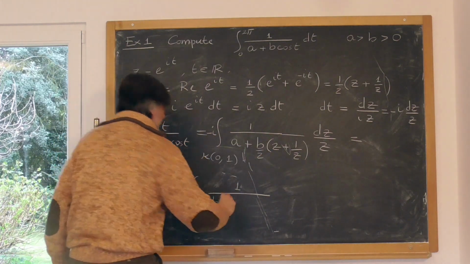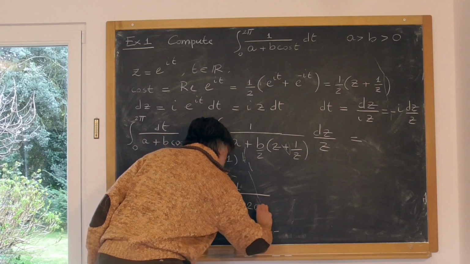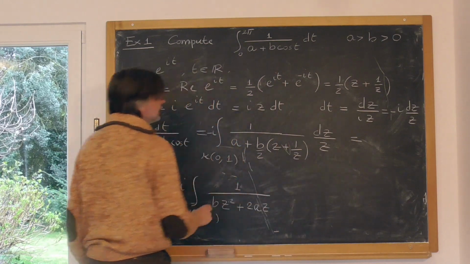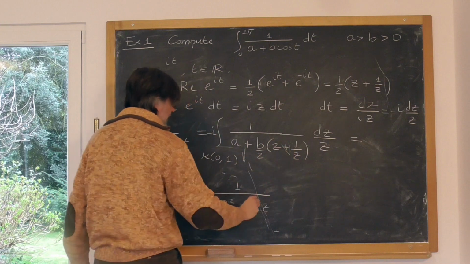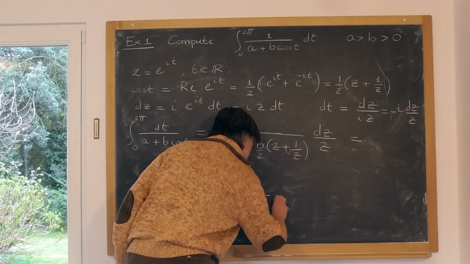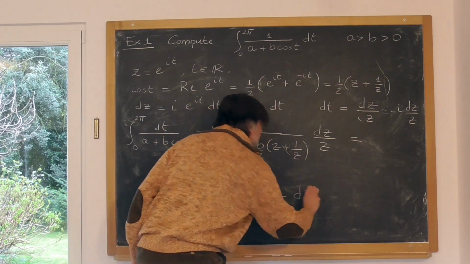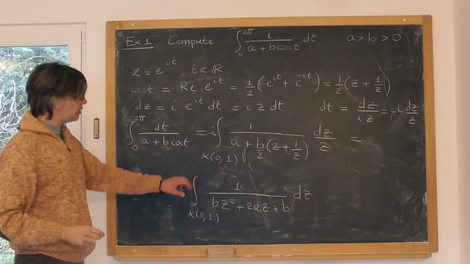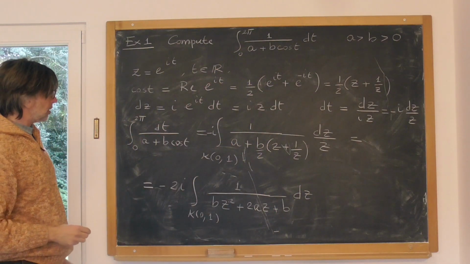From here we will get a 2az, and here we get a plus b, in dz. Okay, so this is the integral we are interested in.